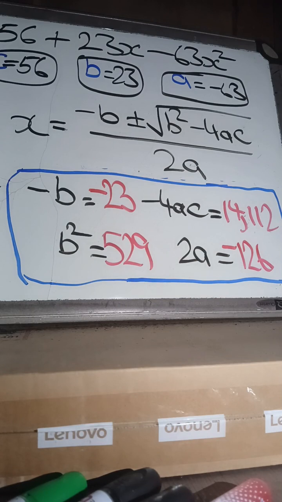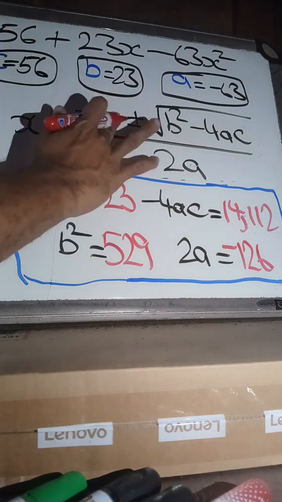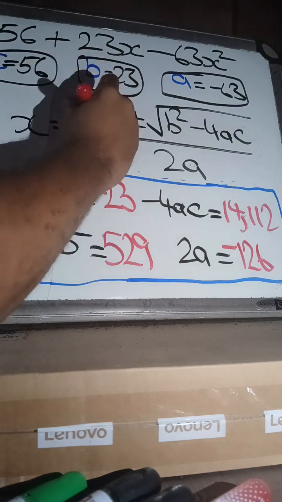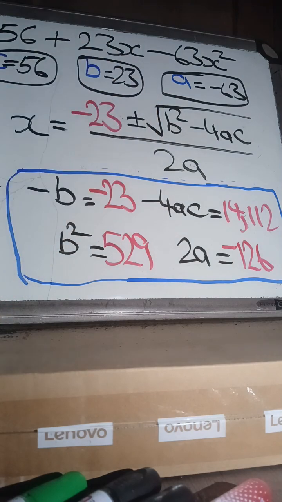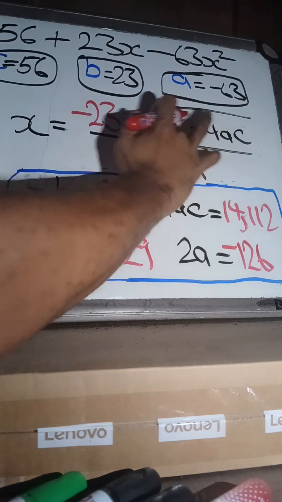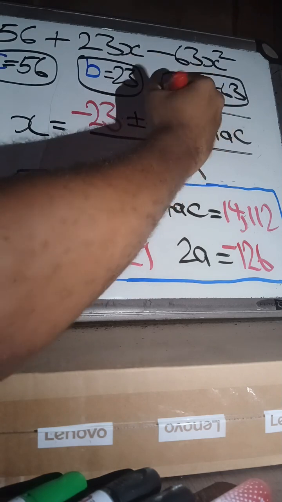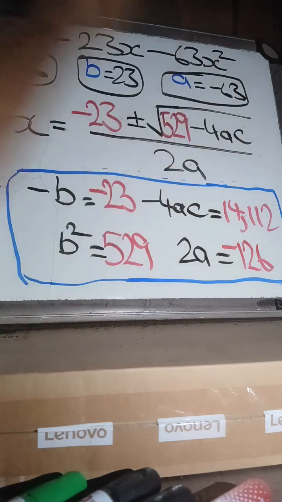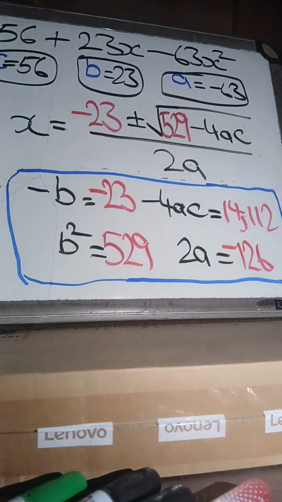Okay. Minus b is minus 23. So we can replace this with minus 23. The b squared is 529, so we can replace this with 529.